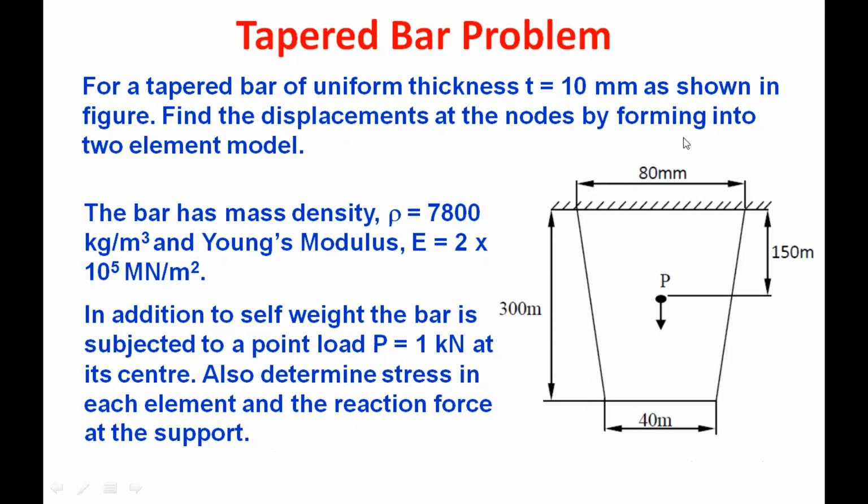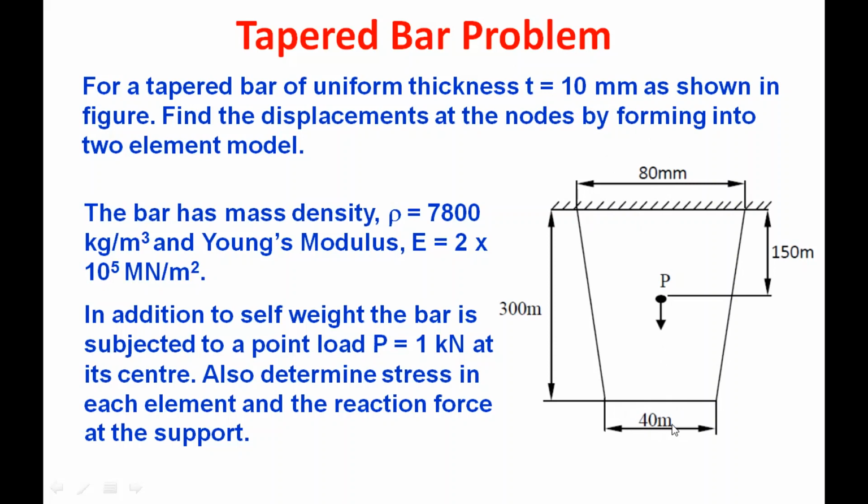Now this is the taper rod given in the question. The top end is fixed, the bottom end is free. For this rod, the top end is 80 mm wide with a uniform thickness of 10 mm, so the area of cross section at the top end will be 80 multiplied by 10.